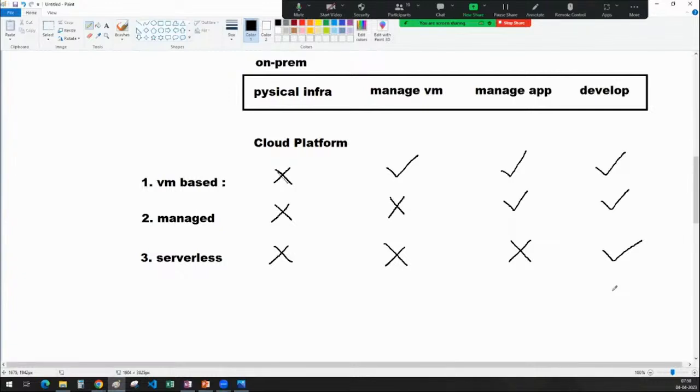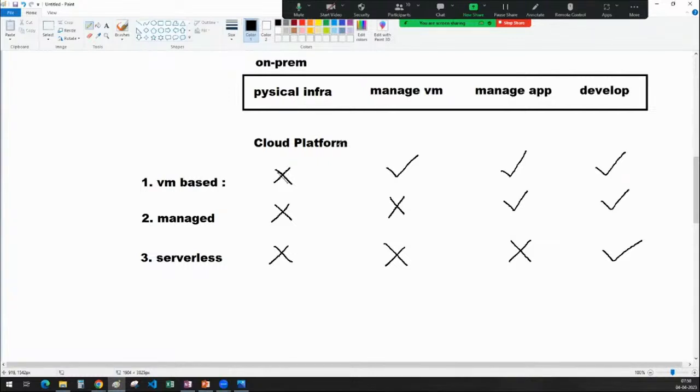So a highly robust virtual machine, you can select it. Your laptop is a small machine which will have only a small configuration. But if you want a very heavy machine with large properties, you can select it. That management of the physical infrastructure will be taken care of by the cloud platform.